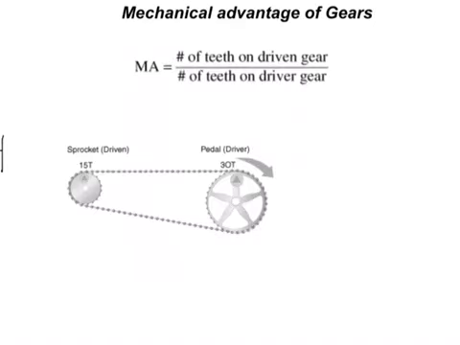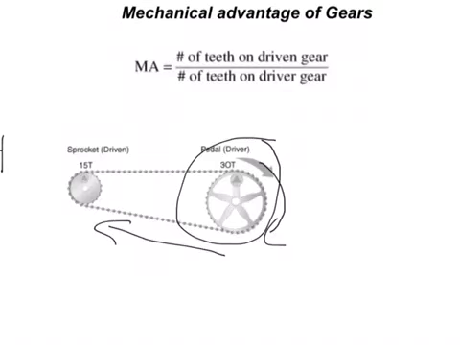By driver, we mean which one moves first, and the driven one is the one that was moved because of the other one. So in this case, let's take your bicycle, where you have the pedal gear, the one you pedal, with 30 teeth. And when you pedal that, it moves the chain, which causes the back one to rotate, and thereby move your wheel.